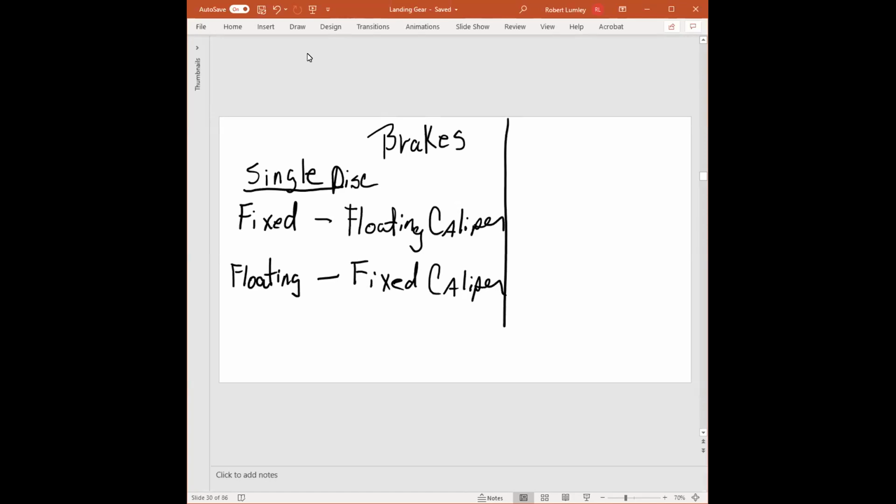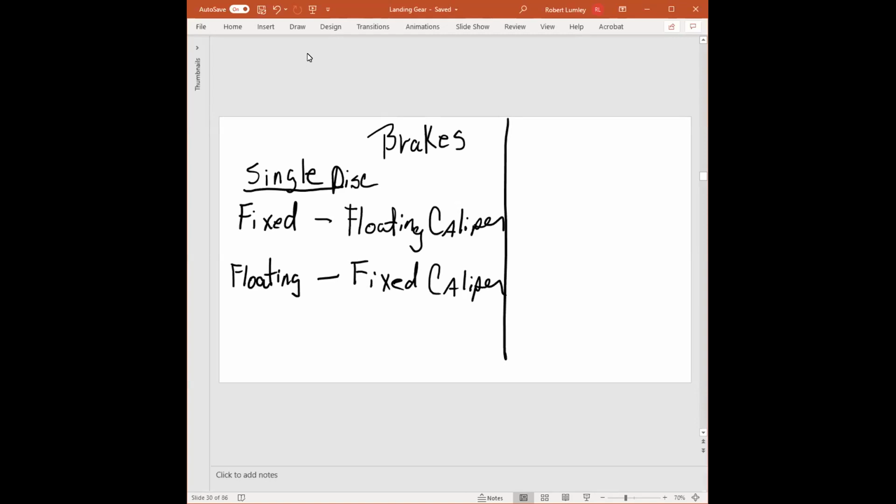All right. Now, what ends up happening? Well, as the aircraft gets faster and heavier, we need more braking power. And so generally what they first do is add more brake pads or pistons on the caliper. Eventually we go all the way around the wheel, and so then there's no more room to add more pistons, thus brake pads.